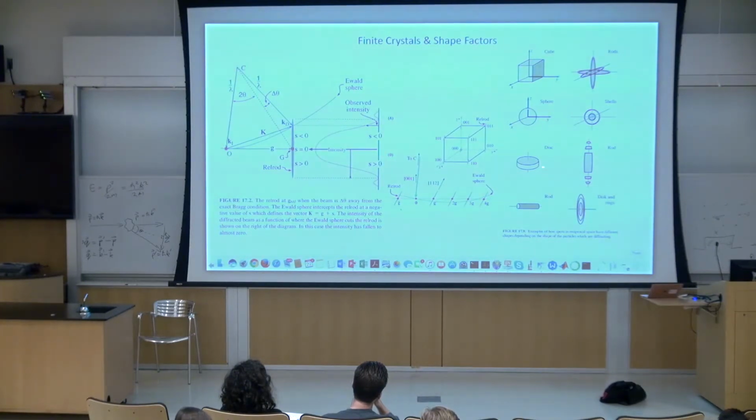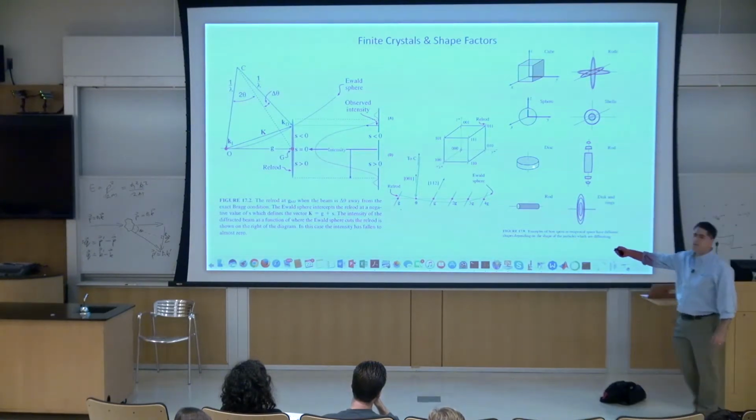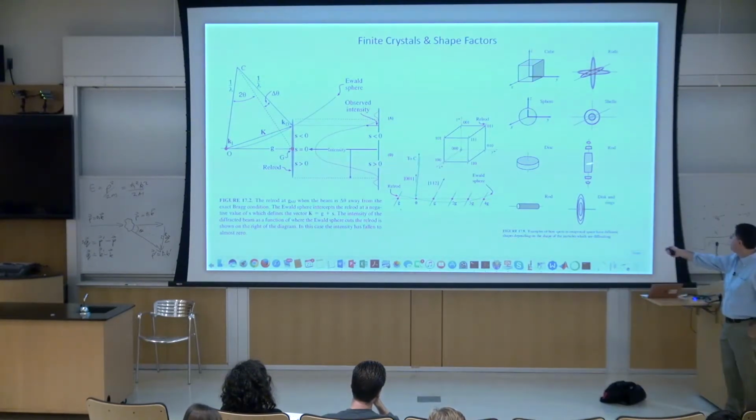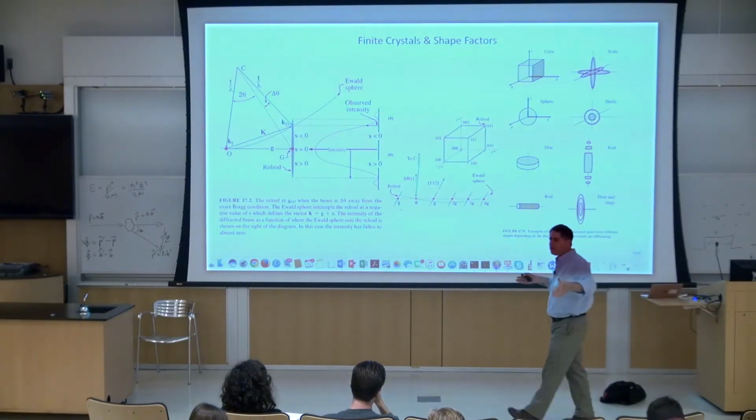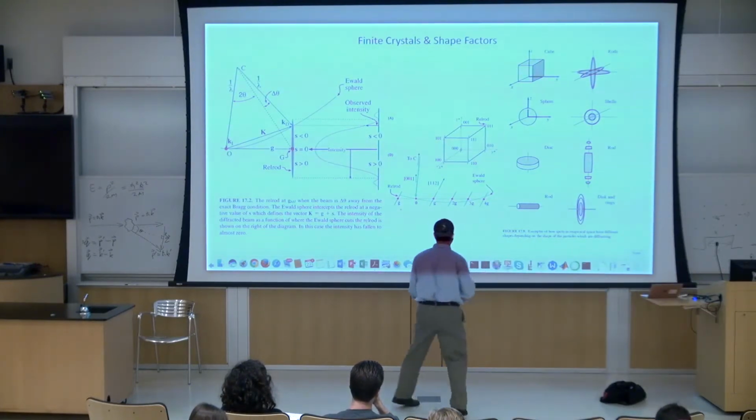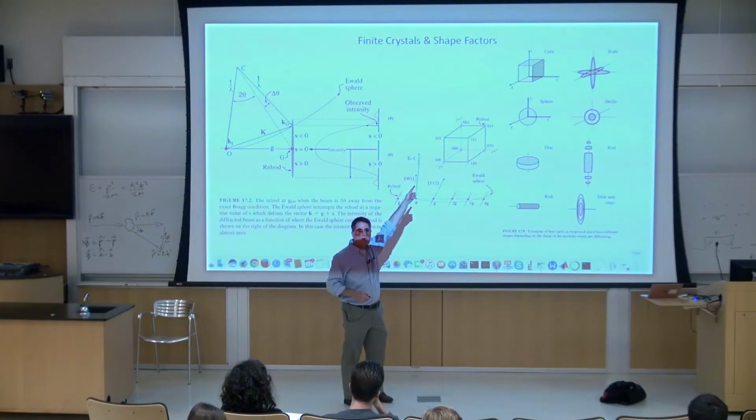If you think about what happens with a disk, it's fairly wide that way, so its Fourier transform is going to be narrow in this direction, but the disk is narrow in this direction, so it's going to have something very elongated in the vertical direction.